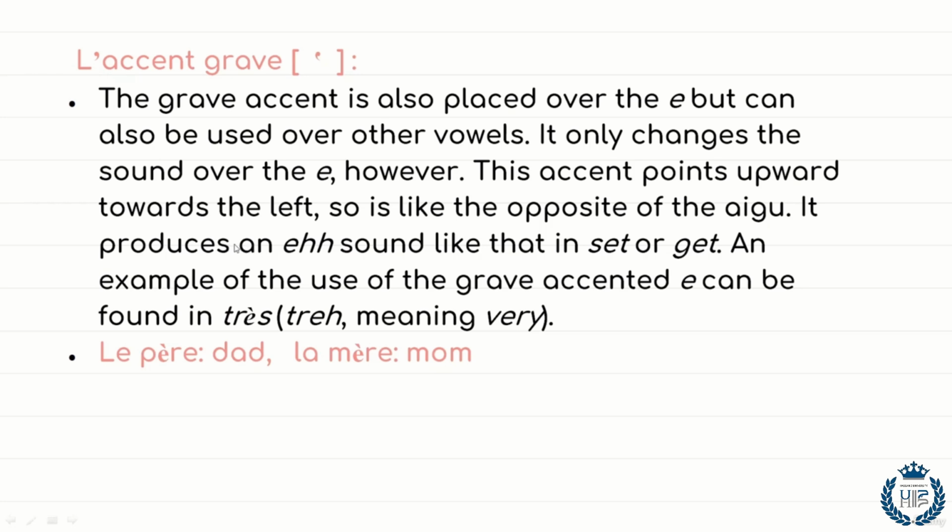It pronounces the E sound just like in set or get. An example of this use of grave accent can be found in très, which means very. Other examples will be le père, which means dad, la mère, which means mom.